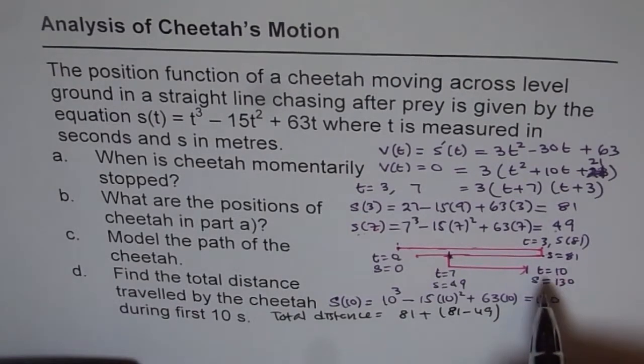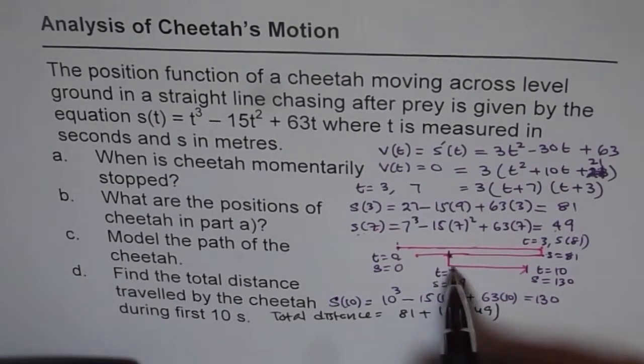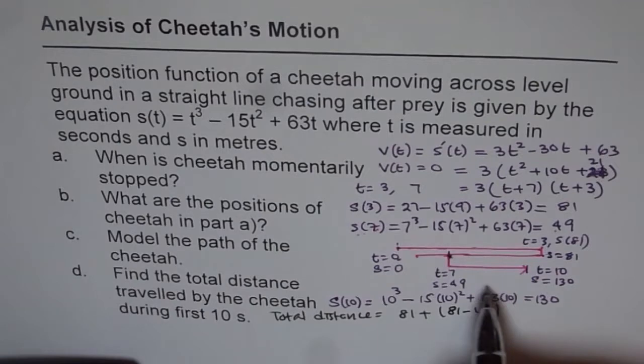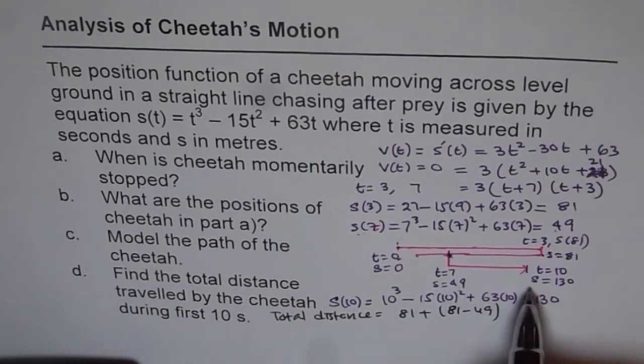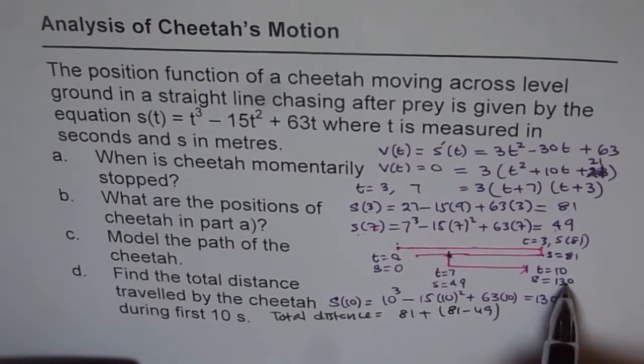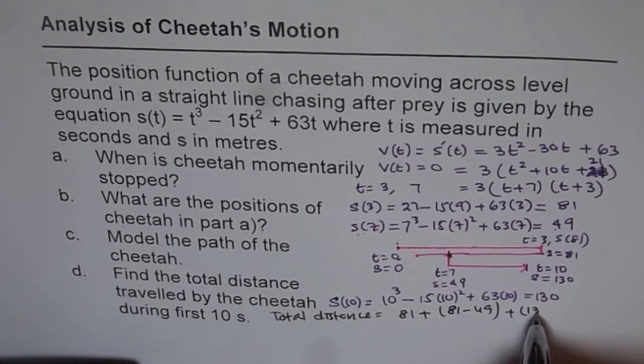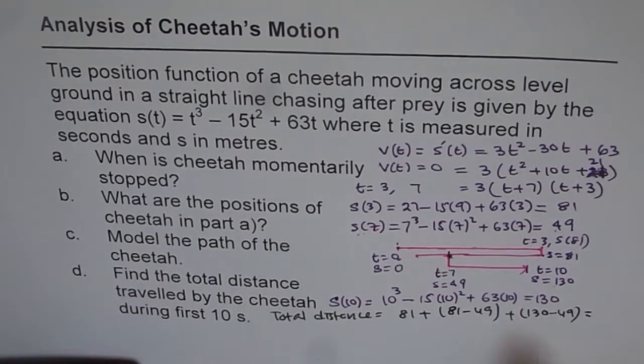Now from 7 to 10 seconds, it moves from 49 to 130. So the distance covered in this case is 130 minus 49, correct? So that is the total distance covered.